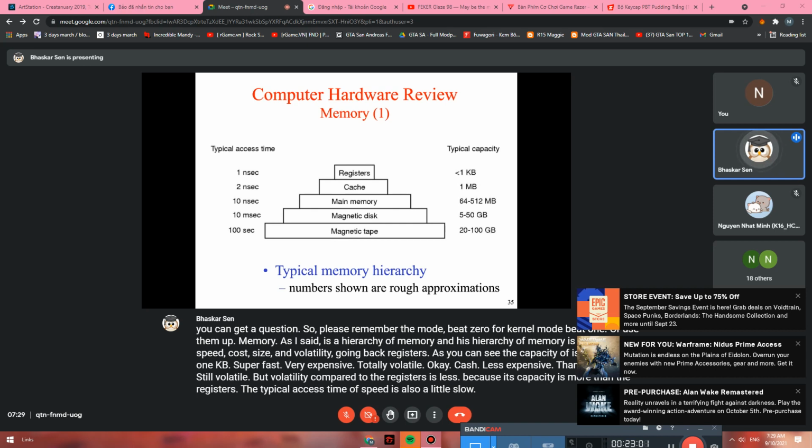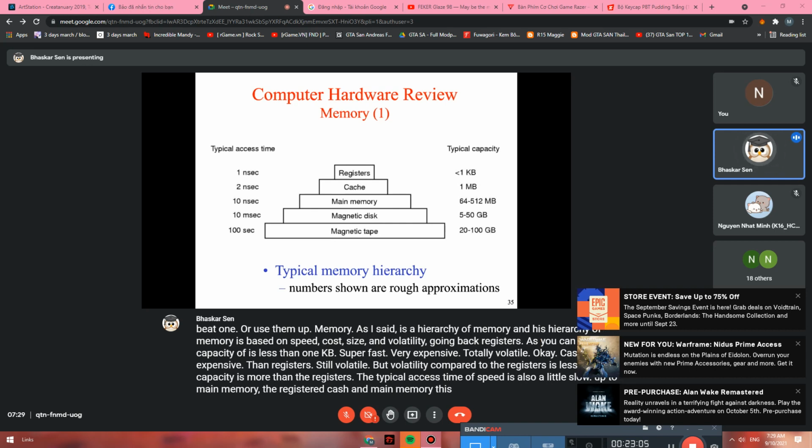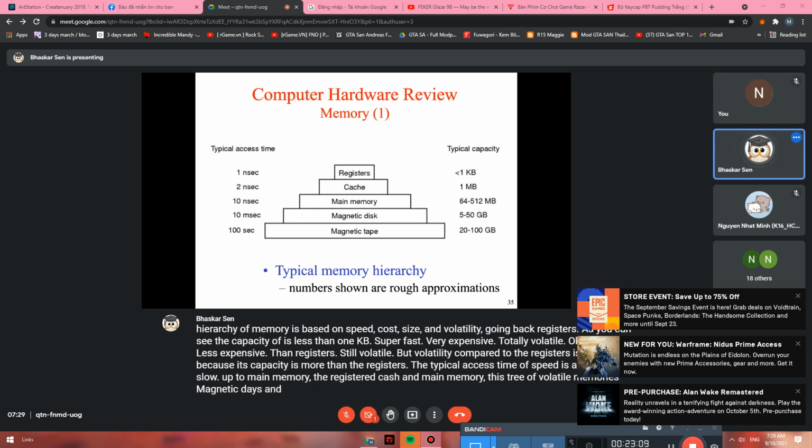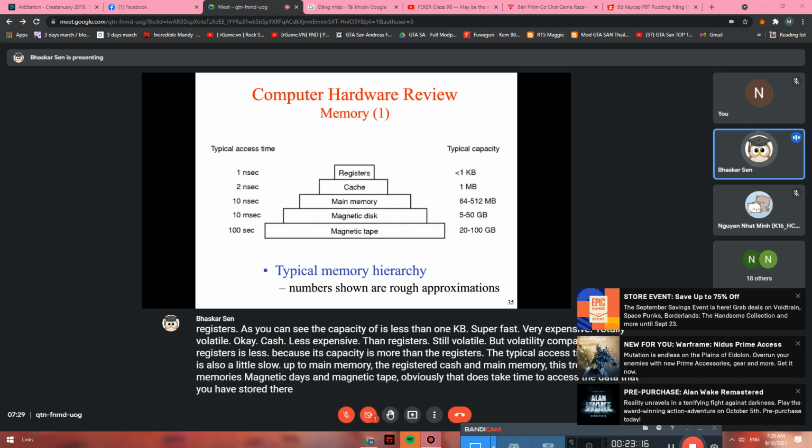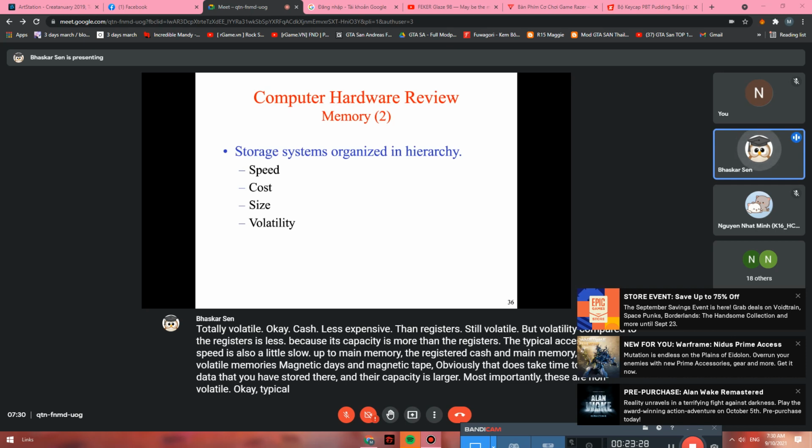Up to main memory, so register, cache, and main memory, these three are volatile memories. Magnetic disk and magnetic tape, obviously, take time to access the data that you have stored there, and their capacity is larger. And most importantly, these are non-volatile. Okay, typical memory hierarchy.